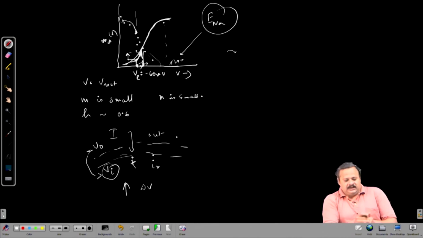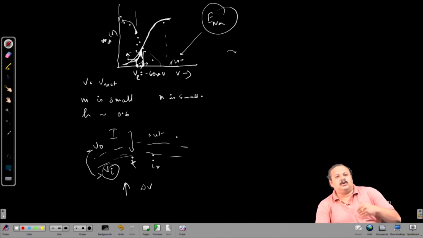So, the voltage is further moved to the right. I am exaggerating this in the plot, but it can move to the right, and then more sodium channels open, and more sodium comes in, and this increases the voltage, and more sodium channels open, and it goes on in a very fast time scale, less than half a millisecond or so. So, there is a shoot up in the voltage.